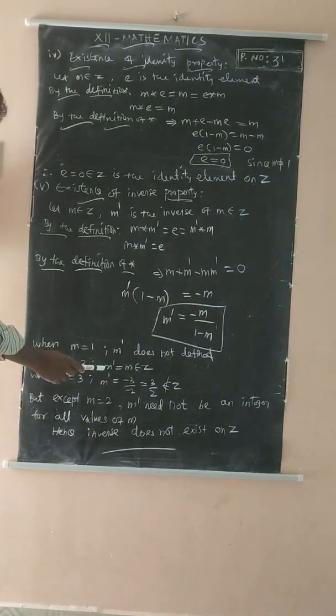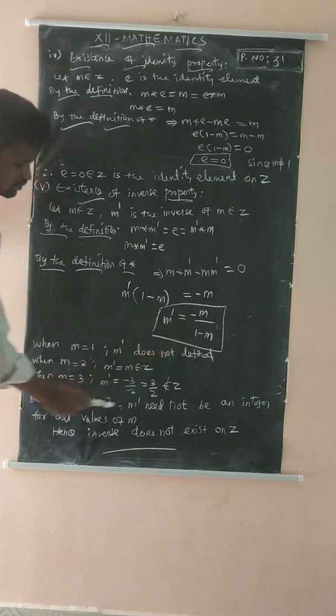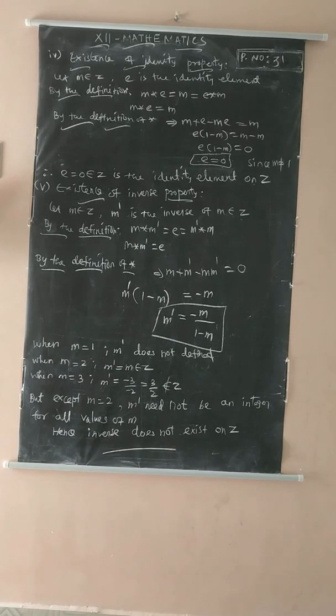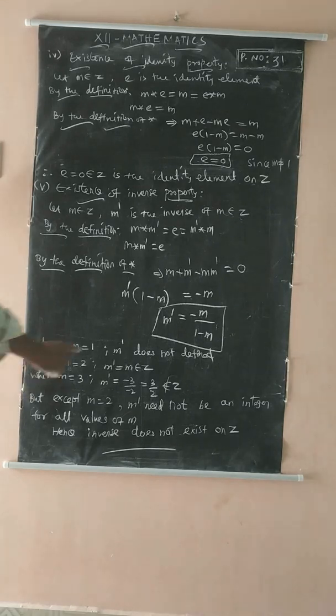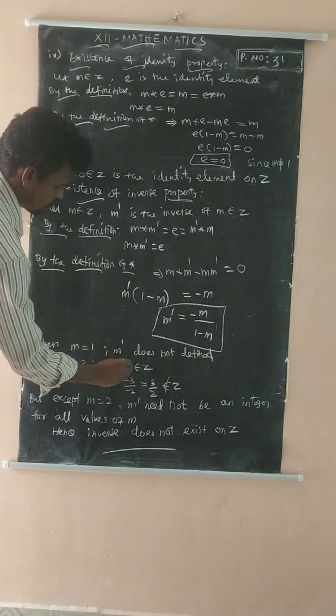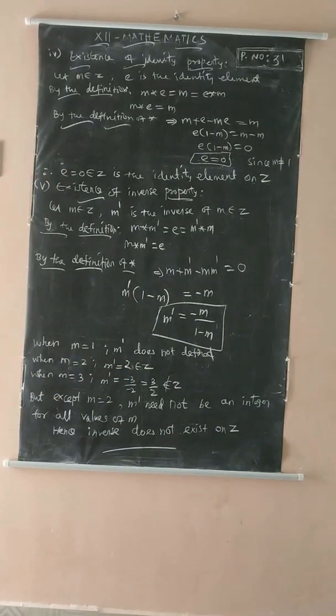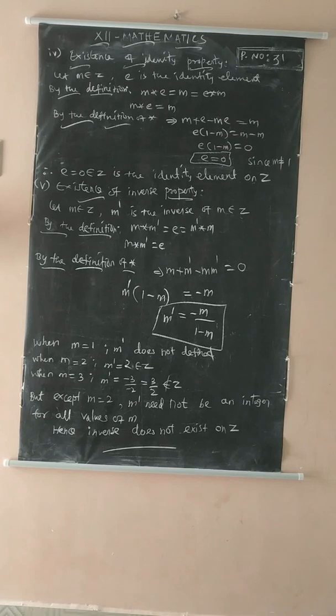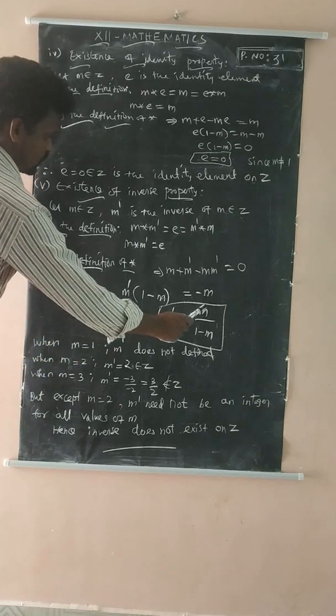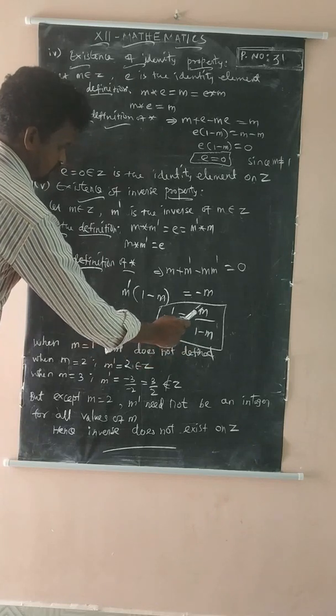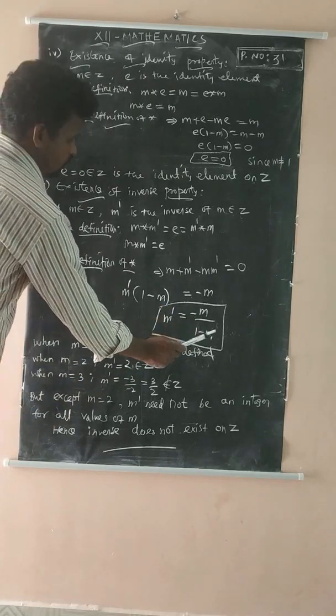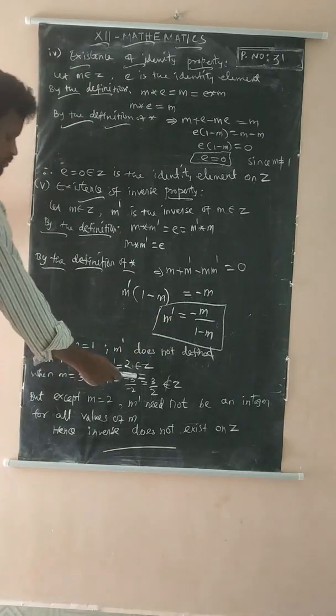When m equal to 2, substitute 2 here: minus m by 1 minus m, that means minus 2 divided by 1 minus 2, that means minus 1, minus minus cancel, so 2 by 1 is what? 2. So therefore m dash is also 2, which belongs to Z, students.